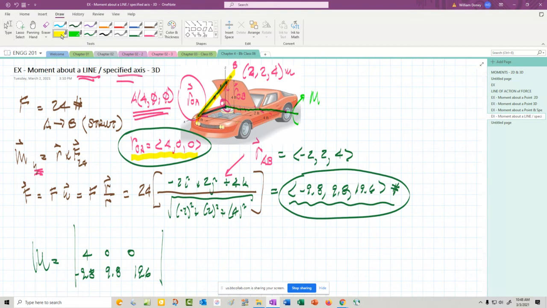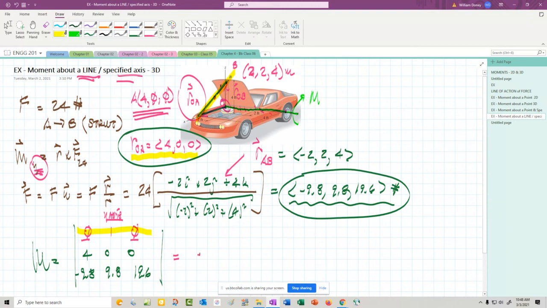I have to look at what I'm going to put up top here. Now, if I put 1, 1, 1, then I'm finding all the axes. But if I put 0, 1, 0, I'm finding what the moment is about the y-axis. If I want to know the x-axis, I put 1 there. Z-axis, I put 1 there.